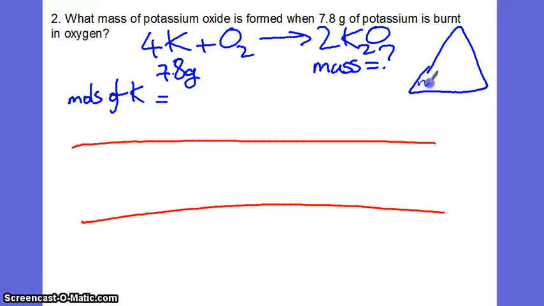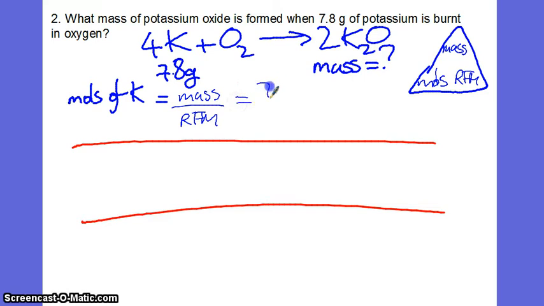Here we've got moles, mass, and then RFM. So, moles of potassium, cover up our moles, is mass divided by RFM.